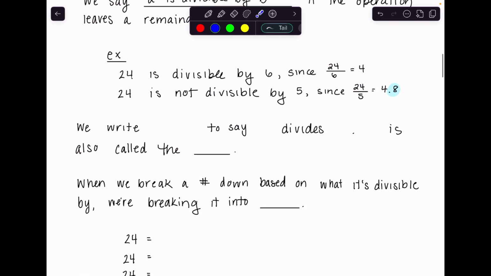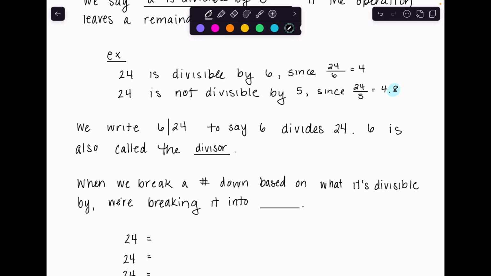To say that something divides nicely into the other, we would write 6 with a bar and then 24. We write this to say that 6 divides into 24. The number 6 is also called the divisor.